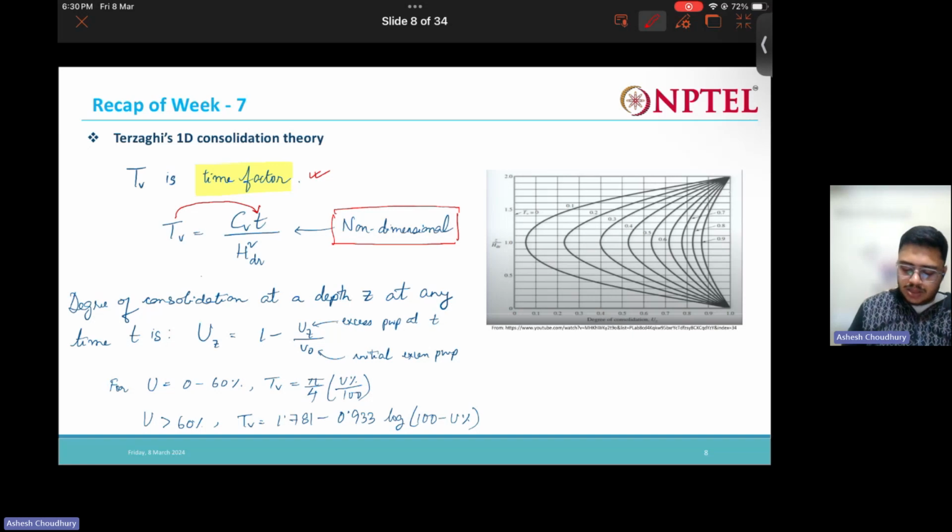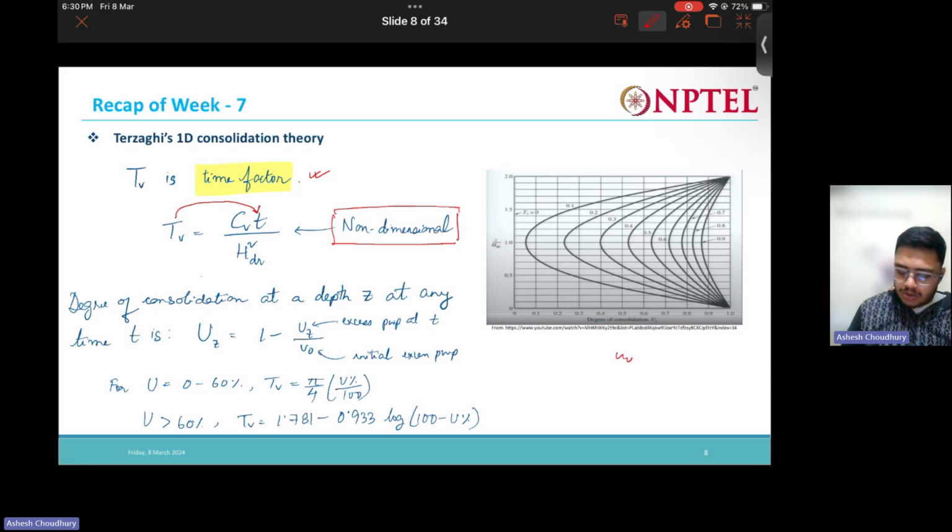What is CV? CV is the coefficient of consolidation, and HDR is nothing but the drainage path. So the degree of consolidation at any depth z at any time t is Uz equal to 1 minus uz by u naught.